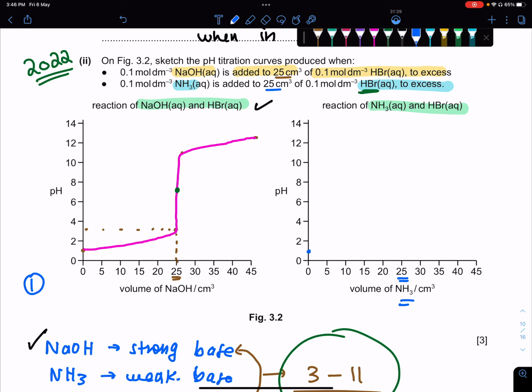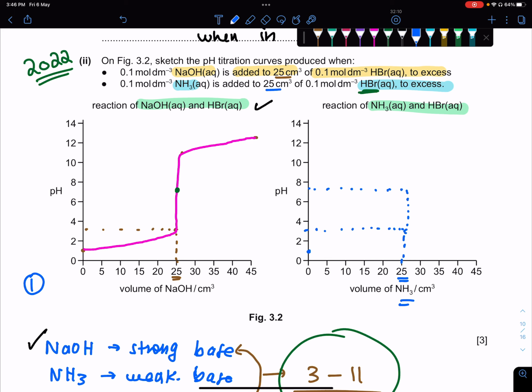And the vertical section of the titration curve for NH3, a weak base, and a strong acid occurs between pH 3 and almost about pH 7. So starting from the same point, the vertical section of the graph goes up to almost like that.